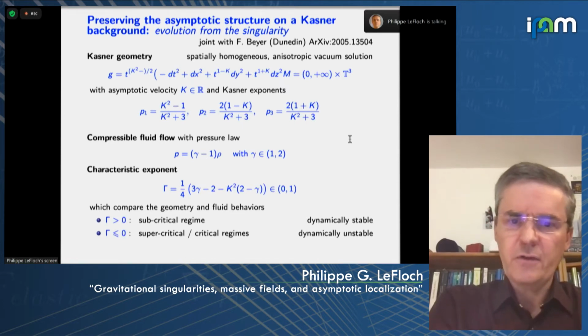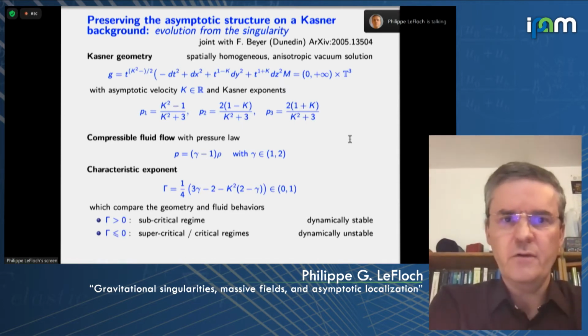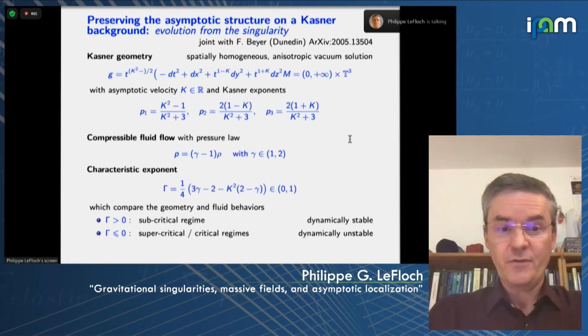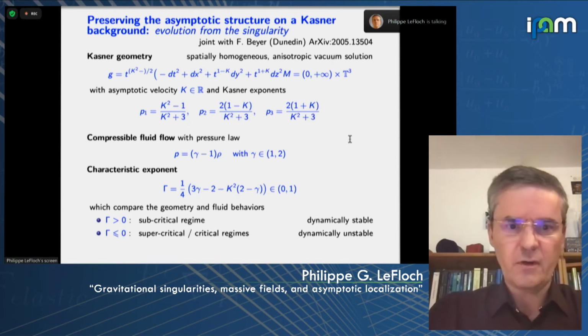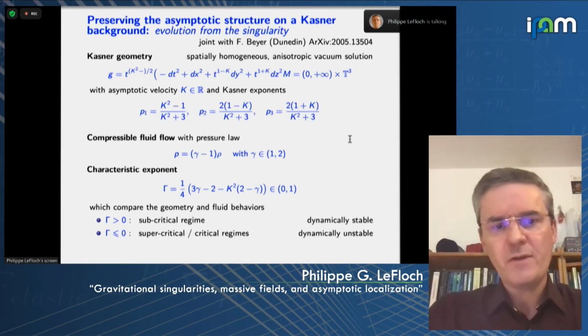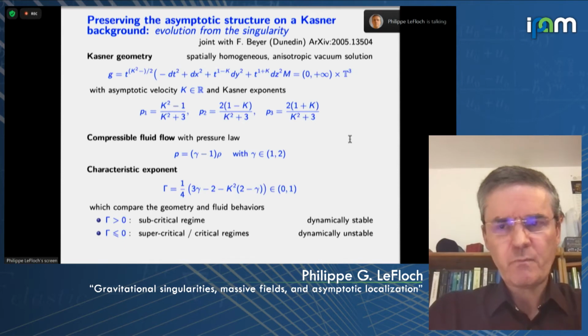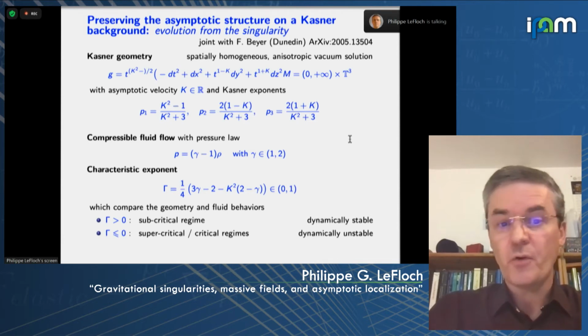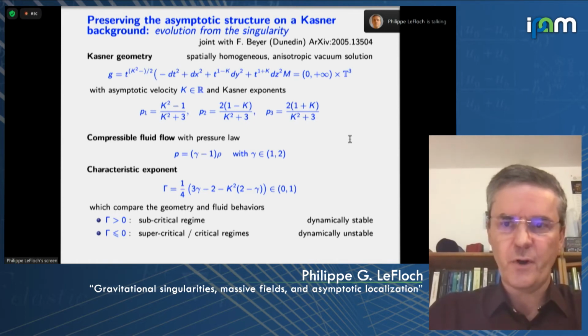By certain theoretical studies that we did, Florian, Bayer, and myself, with an asymptotic analysis of the fluid behavior near the singularity, we found a parameter, which we call capital gamma, defining a subcritical or supercritical behavior for the fluid. When this parameter gamma is between 0 and 1, the fluid turns out to be dynamically stable on this Kasner geometry, but it is unstable in the supercritical regime where this parameter becomes negative.